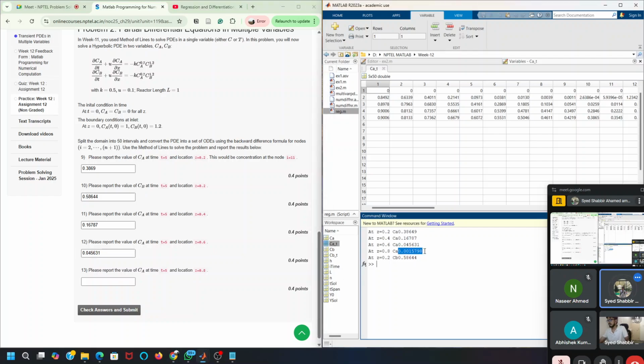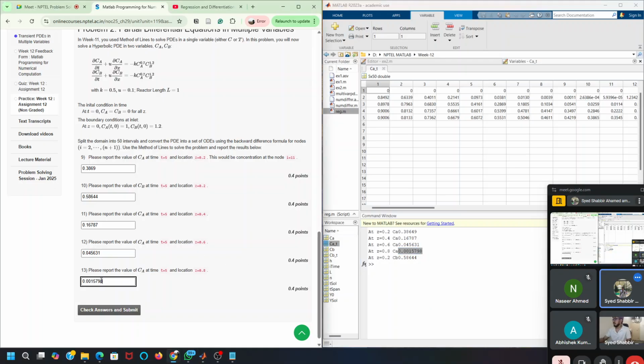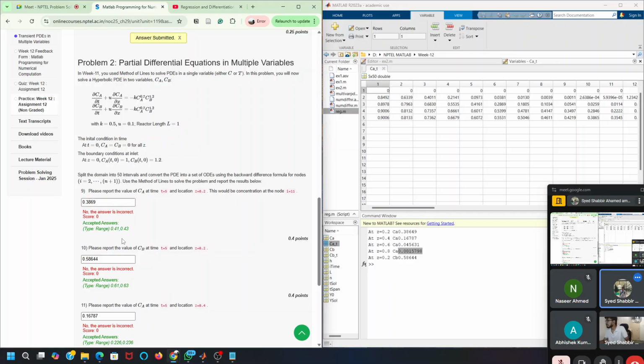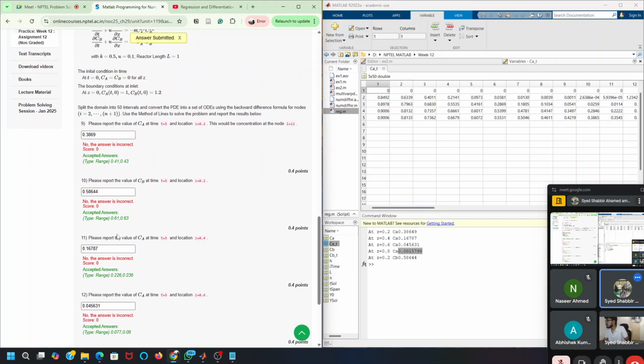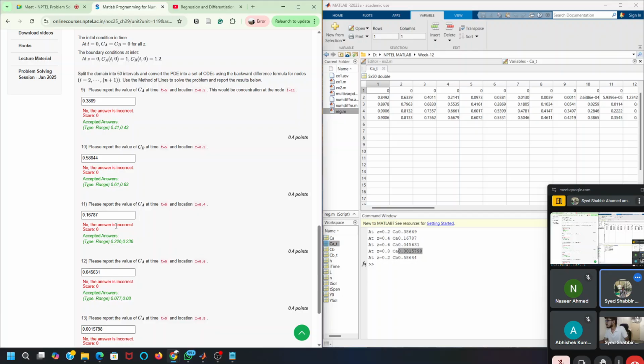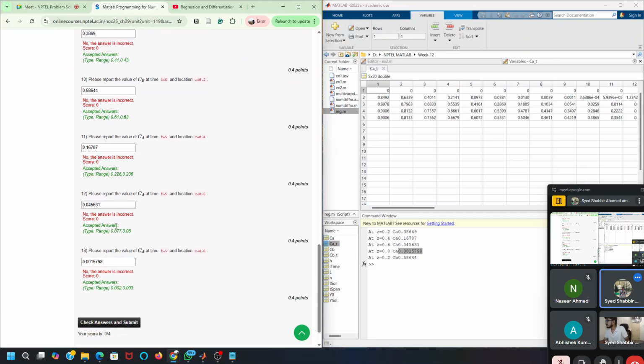That's all. Next. Okay. The values are a bit off. Why is this happening?